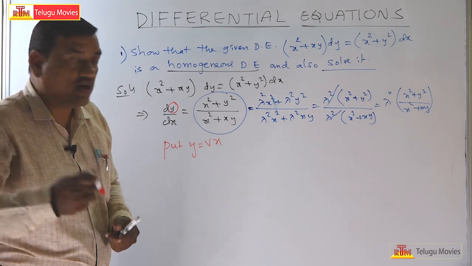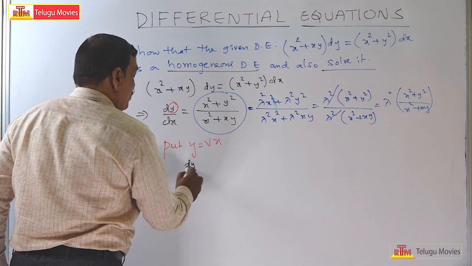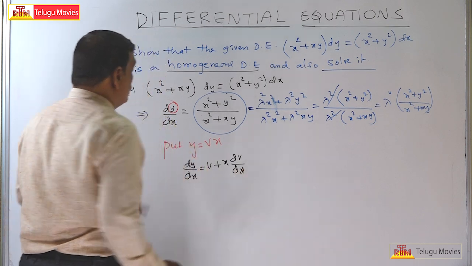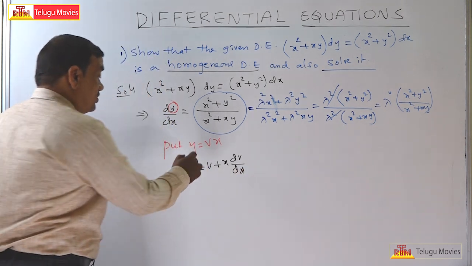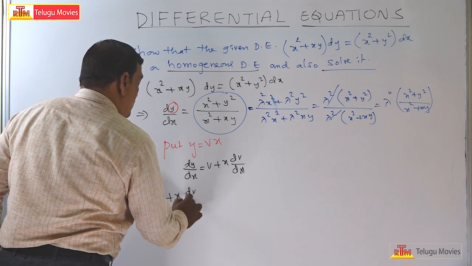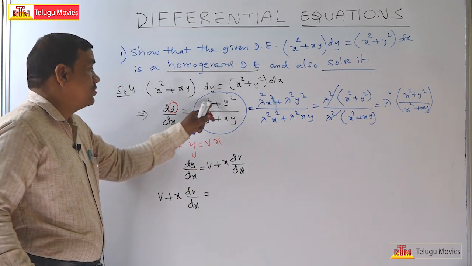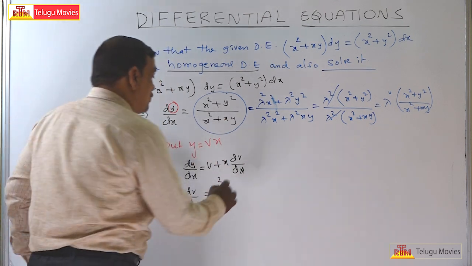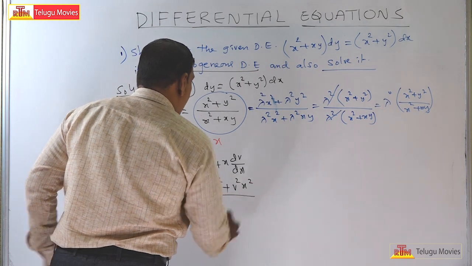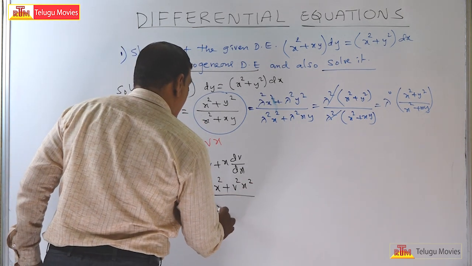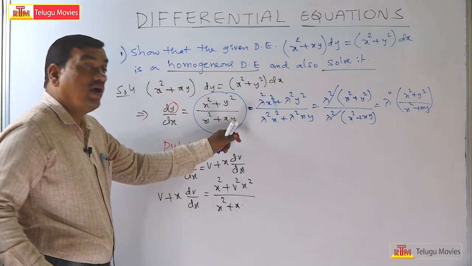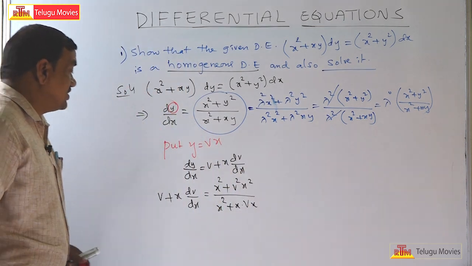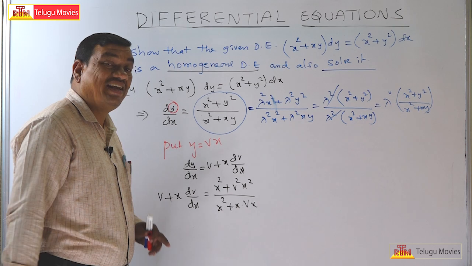Now, what is the derivative of this? dy/dx = v + x dv/dx. Wherever dy/dx is there, simply substitute this: v + x dv/dx = (x² + y²)/(x² + xy), which is v²x² plus x² over x² plus x·vx. Definitely x² will be cancelled.